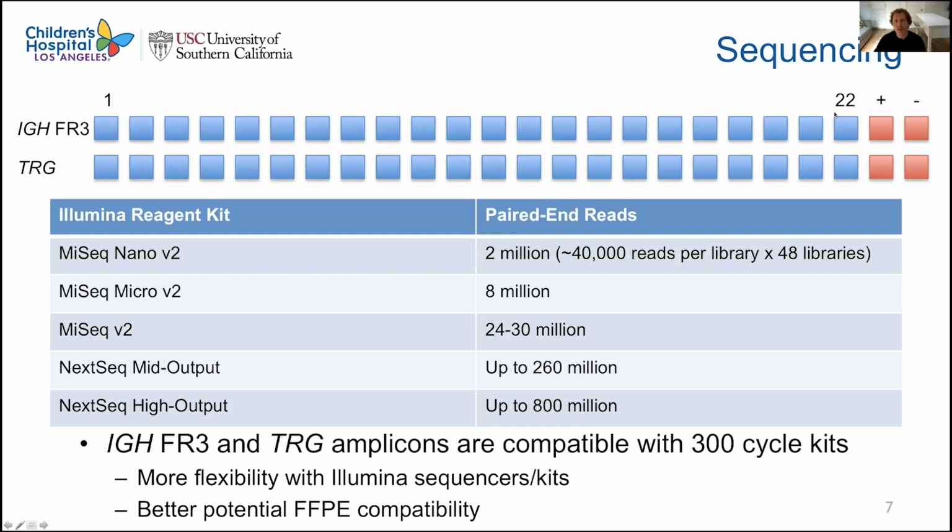We're illustrating here 22 plus a positive and negative control. So up to 48 libraries together on the same Illumina run. And also, I didn't mention this before, but having that shorter amplicon potentially gives you better FFPE compatibility if that's a specimen type that's of interest for you.